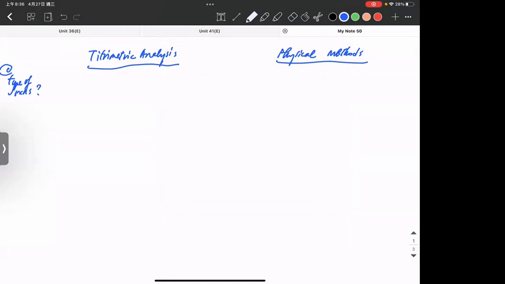Would it be applicable to all types of reaction? Yes. Okay, you get my point. The question is whether it is applicable to all types of reaction. Which one is yes? Which one is no? Or partly? Physical method can be used in all reactions, isn't it? Yes. How about neutralization?